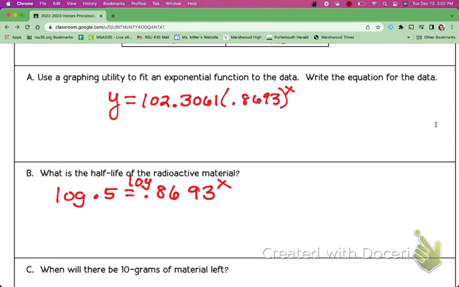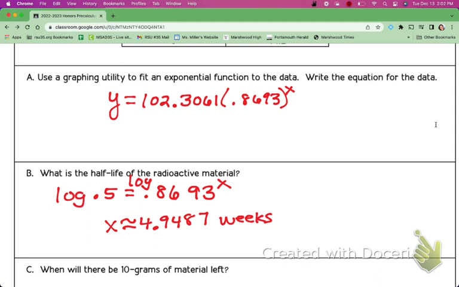So the log of 0.5 divided by the log of 0.8693 gets us x is approximately 4.9487. What are we in? Weeks? That is where we'll end up about halfway there.